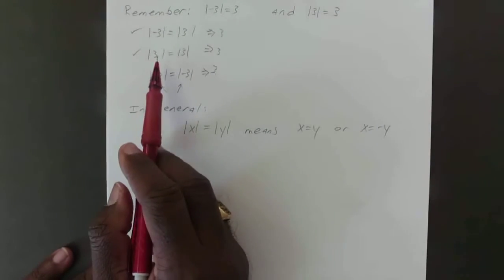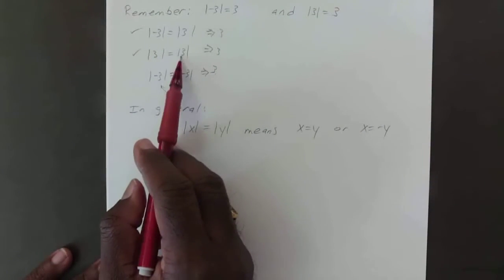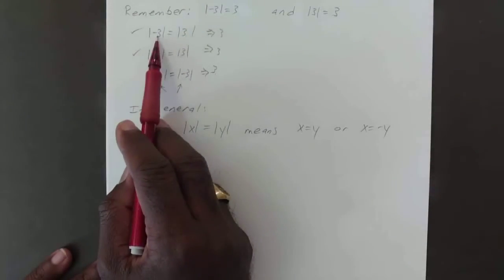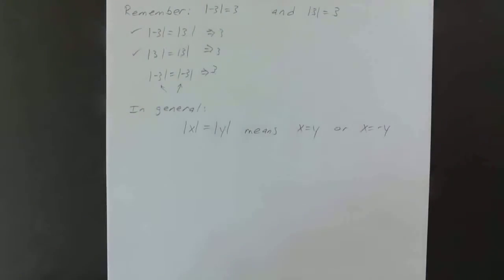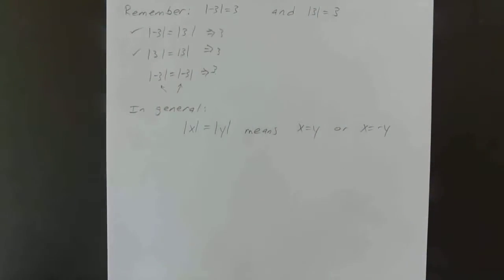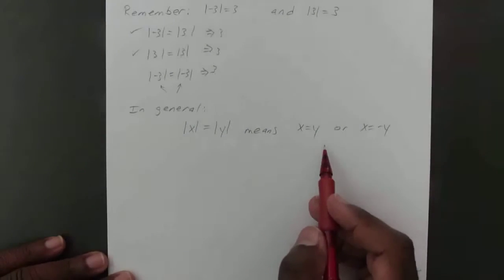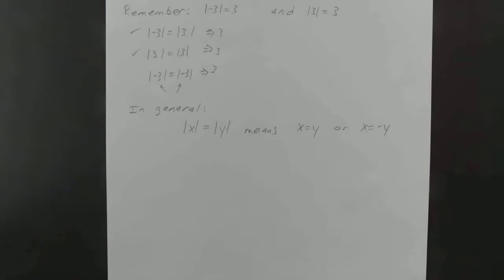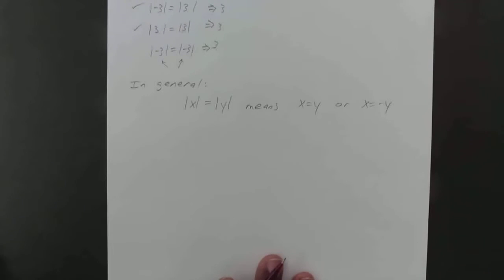Because remember, they can both be the same, so x can equal y, or x can equal -y, whichever one you want to flip around. So they can have the same signs or opposite signs, and it would still be true. So it's kind of a similar idea, but a slightly different approach, and you'll see what I mean by slightly different.